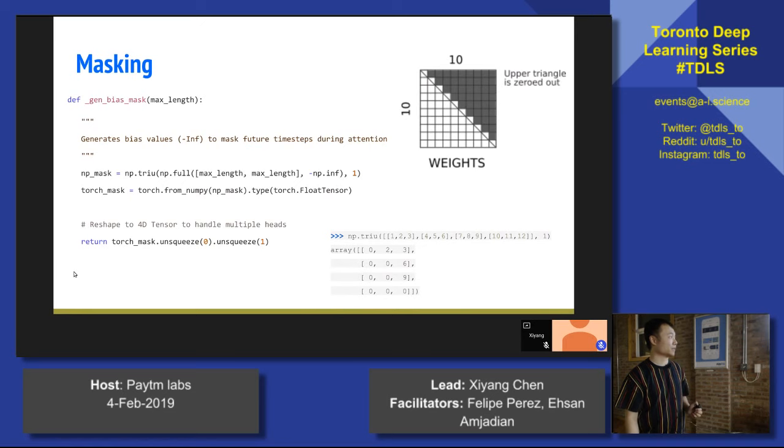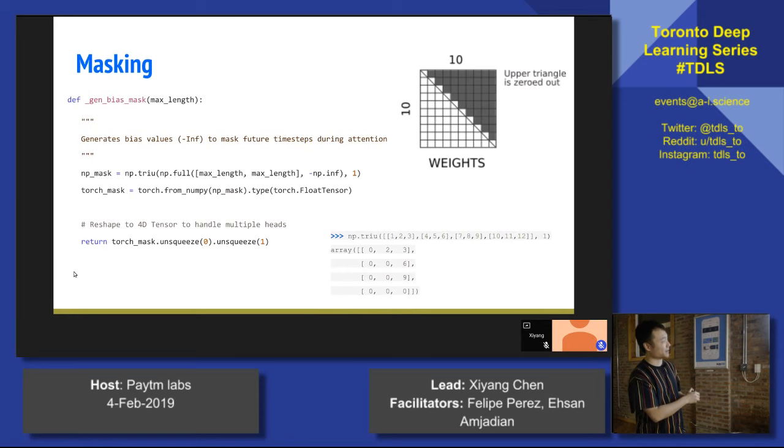Here's a small experiment of what it looks like. You have a 3x3 array, and you supply k with 1. You get this upper triangle matrix where all these things are 0. Another interesting detail: what does np.full do? It supplies a matrix of the size you specify.